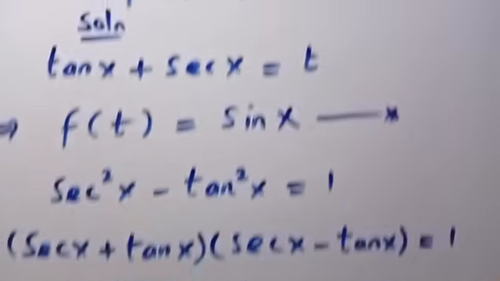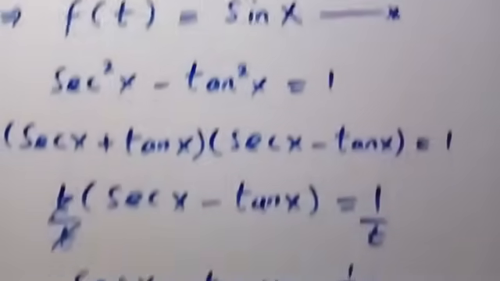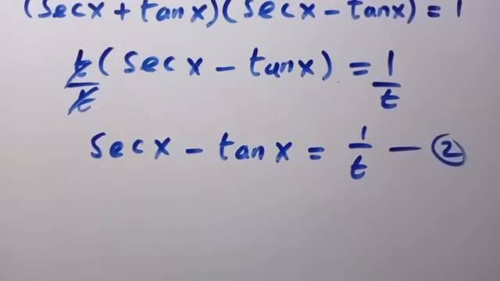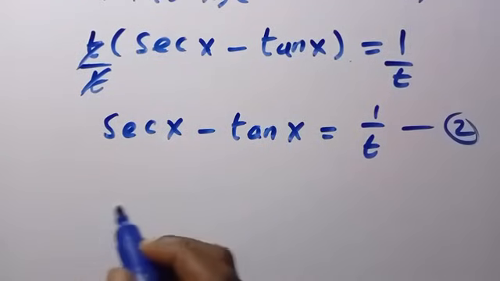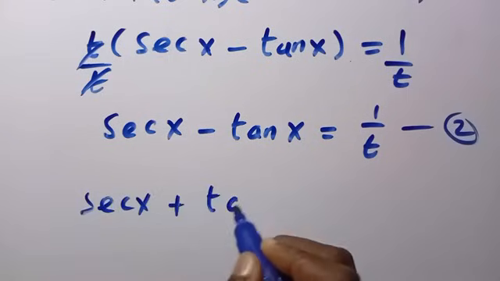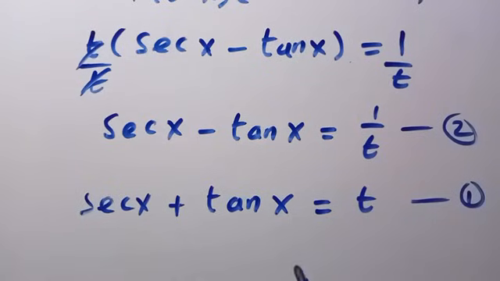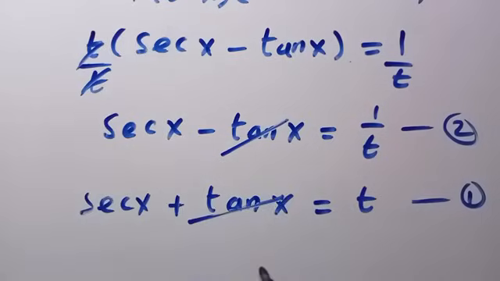The first one that we got, let me call it equation 1. And the new one here, let me call equation 2. Bringing the two equations together, the first is sec x plus tan x equals t. This is our equation 1. Let's add equation 1 and equation 2 together. By adding, minus tan x plus tan x cancels.